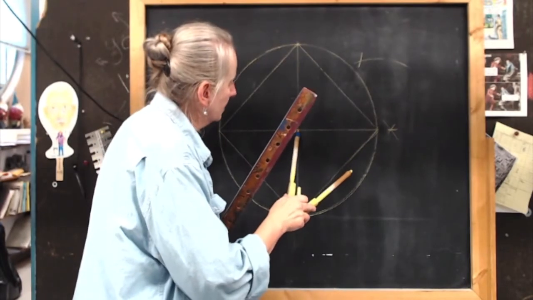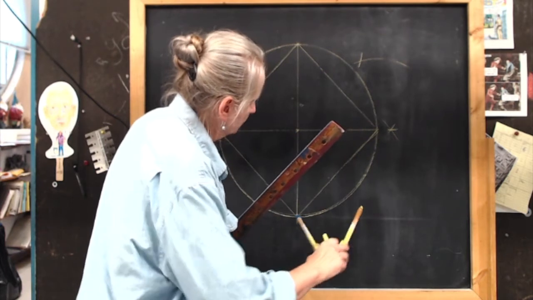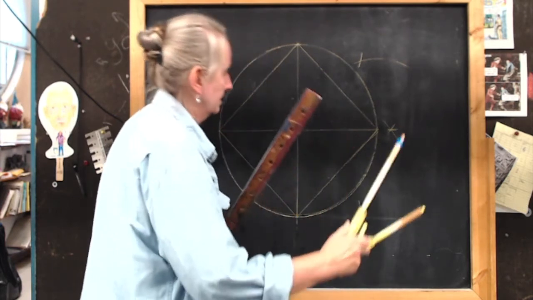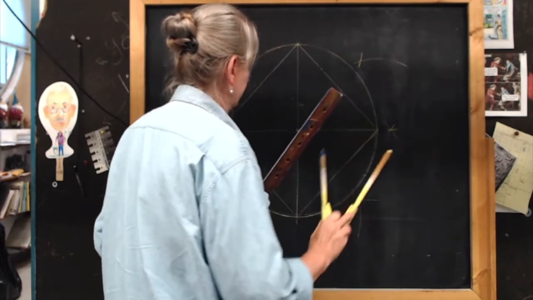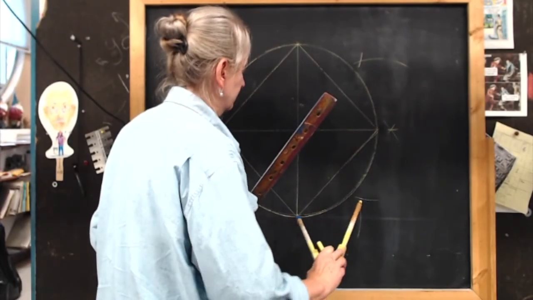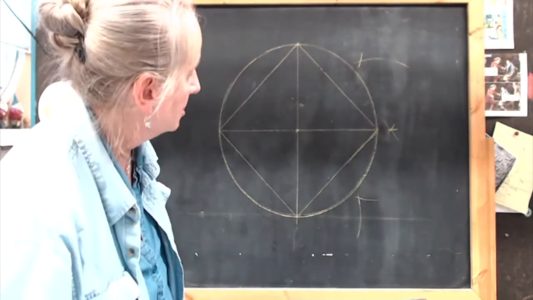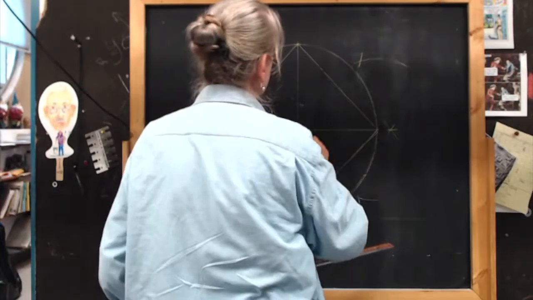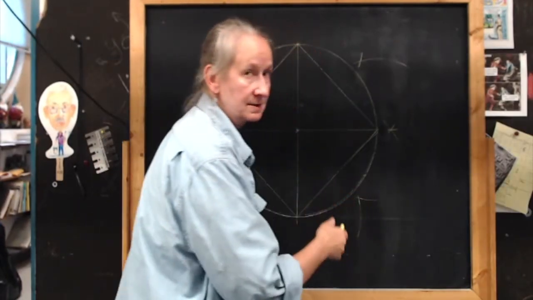I'm going to draw, oops, wrong point, draw an arc, and I'm going to draw another arc. I didn't quite draw that arc deep enough. There we go. So where those arcs cross, that's the perfect halfway point of my quarter.